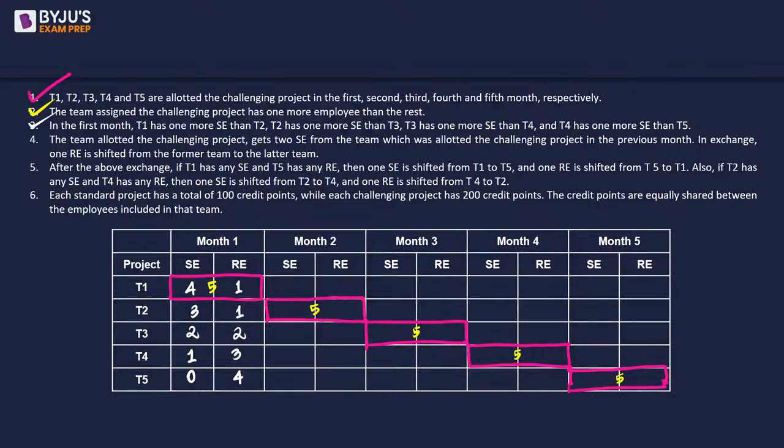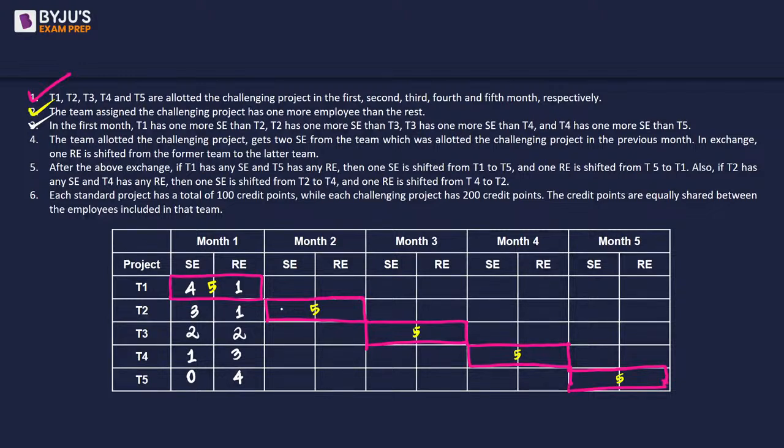So if we talk about T1, SE is 4. Okay. The team allotted the challenging project gets 2 SE.